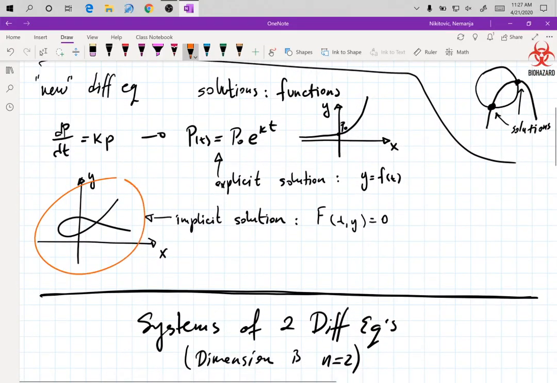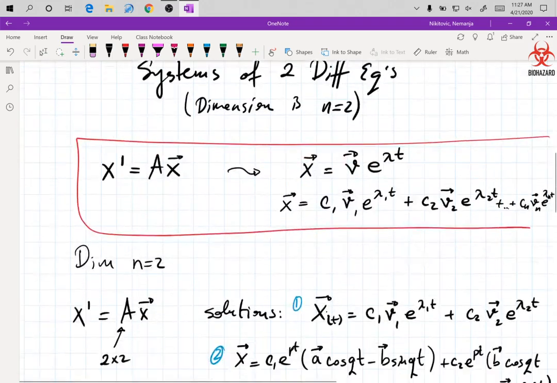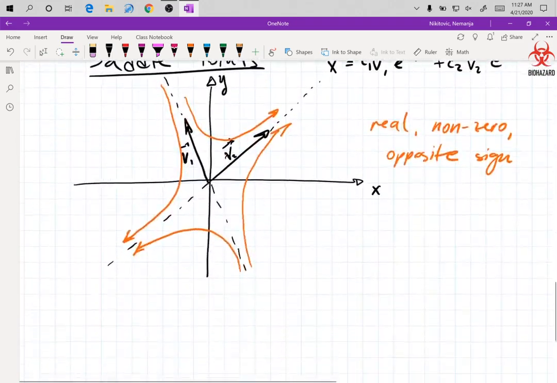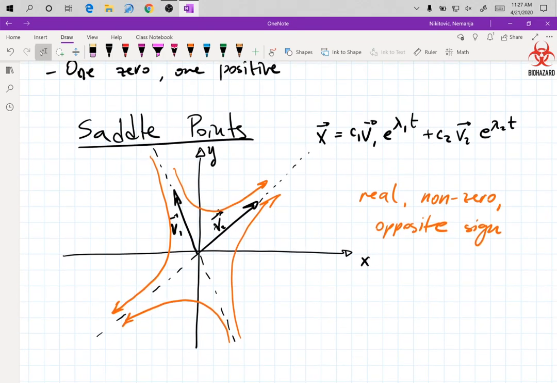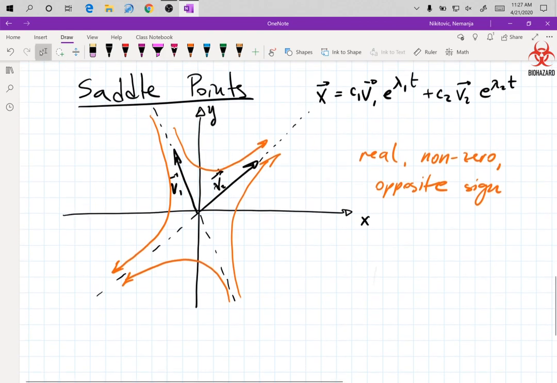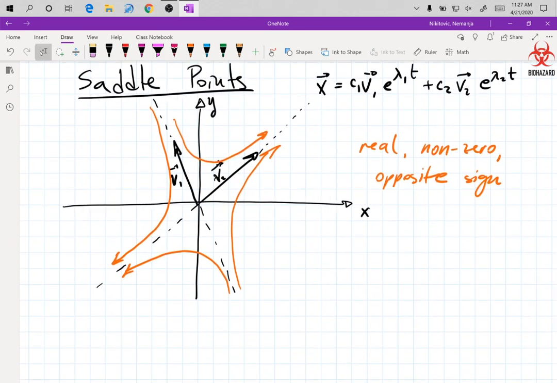That's not a function, but it's a solution to a differential equation, right? So how many of these? And when you have a critical point or initial point given, you can eliminate some of the lines.